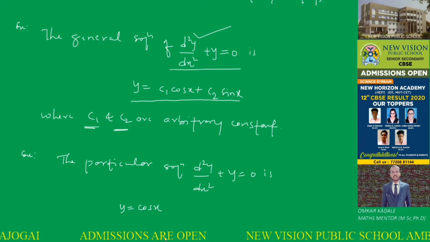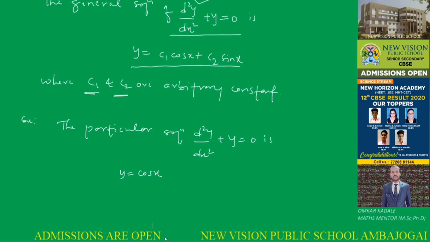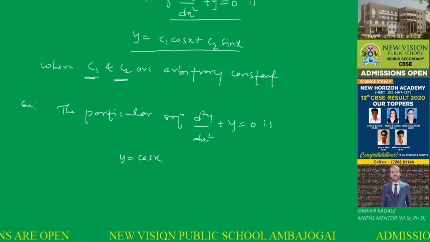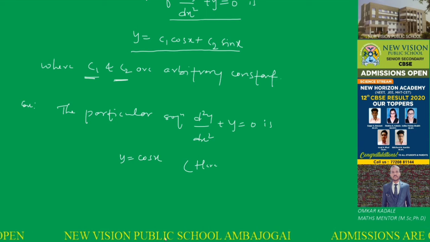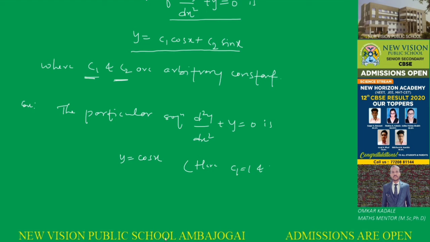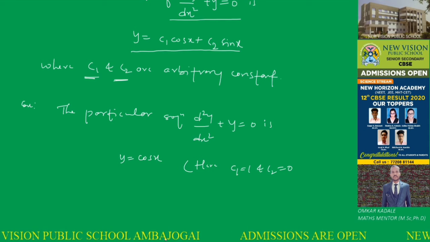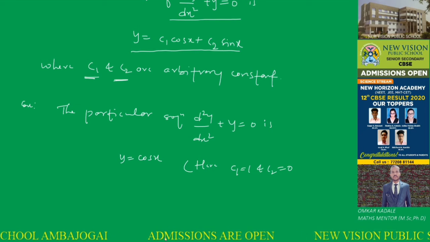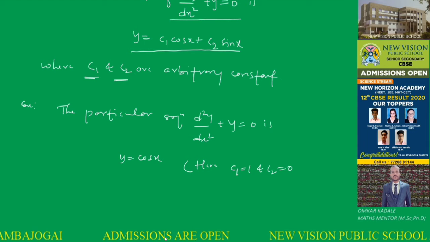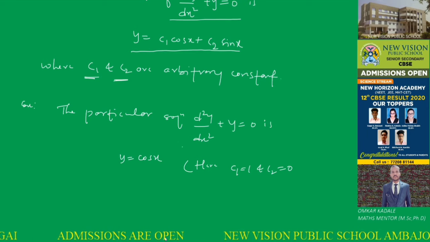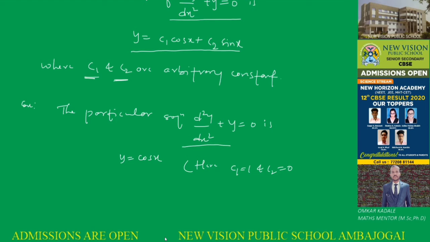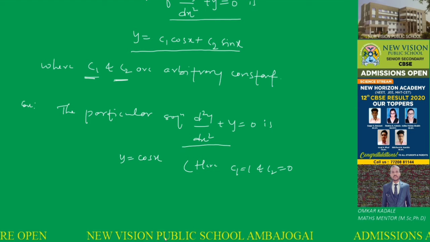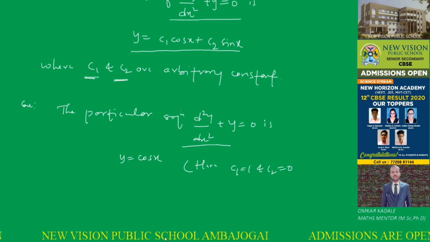Here the c1 and c2 values we know: c1 equals to 1 and c2 equals to 0. When we substitute c1 equals to 1 and c2 equals to 0, we get this particular solution of the differential equation d2y upon dx square plus y equals to 0, right? So simply, if we differentiate and substitute in that equation, let's see what we get.